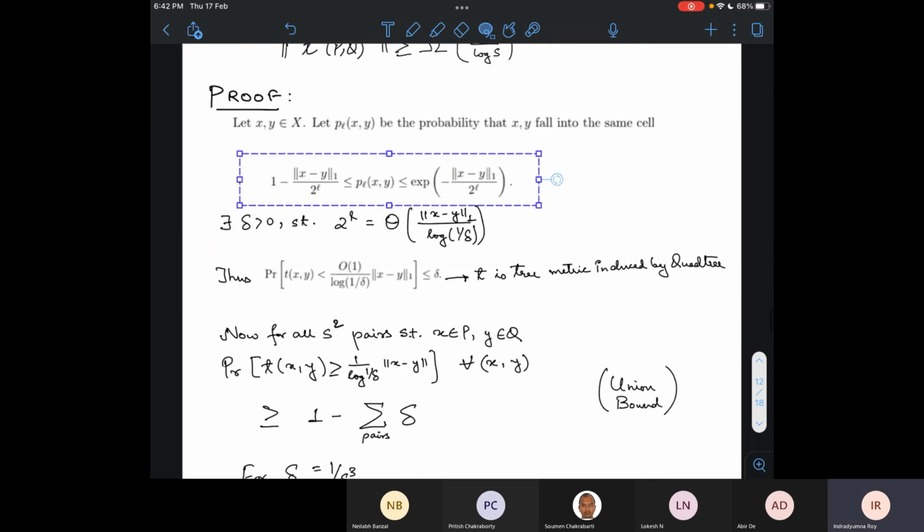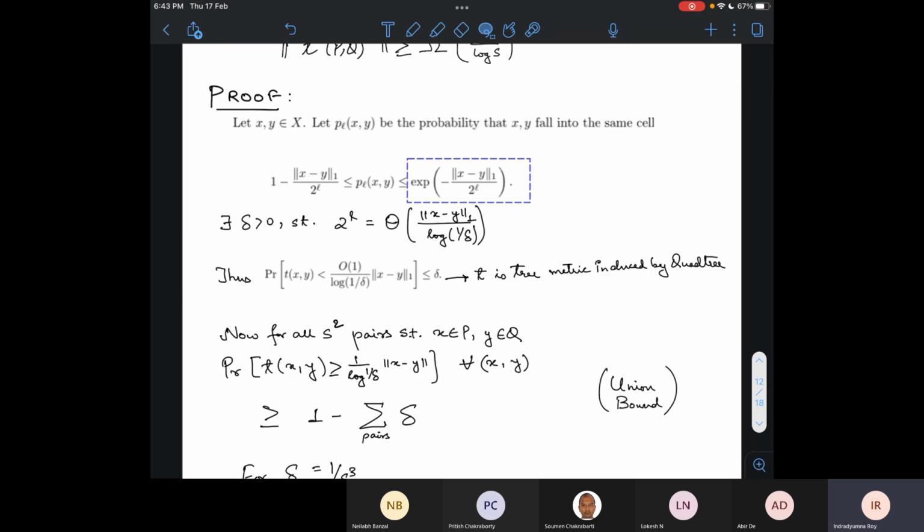They say that it's very easy to see, but I tried staring at this to convince myself. The left-hand side follows from this: it is the probability that things fall within the same cell. And this thing we have seen before: x minus y by 2 to the power L is the probability of getting cut by a grid, and 1 minus that is the probability of falling within the same cell. So that sort of makes sense.